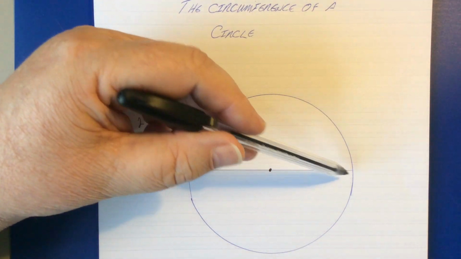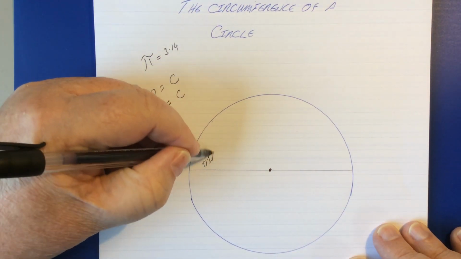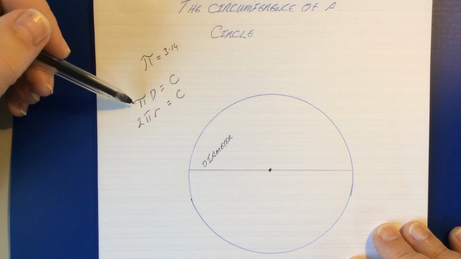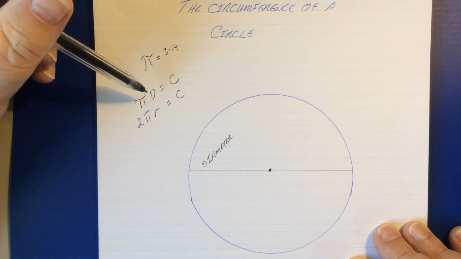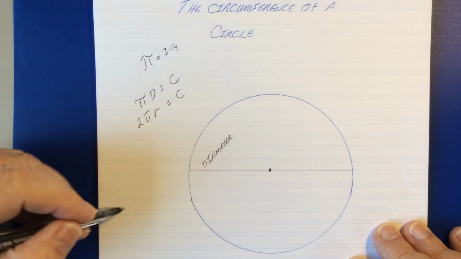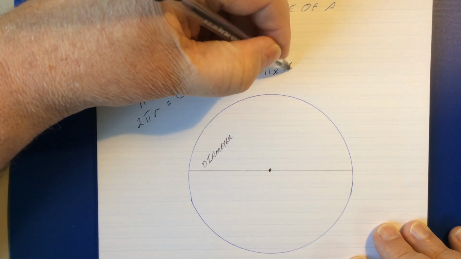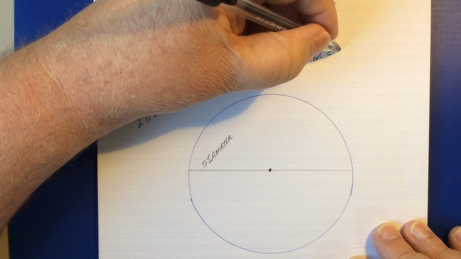And if we have a diameter, we use this formula to work out the circumference of the circle. So it is, I'll do it up here, pi times diameter equals circumference.